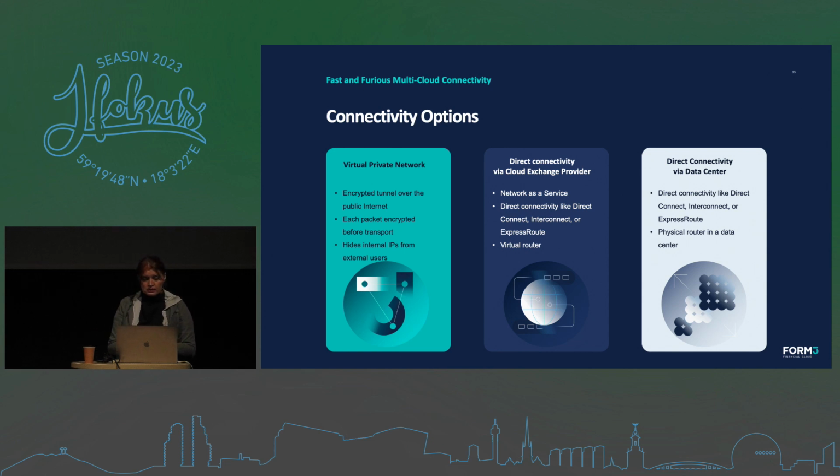Another option we considered was direct connectivity via cloud exchange provider. We have a lot of companies working with the network as a service model. You can click out in the UI all those connectivity options, or you can use some tool like Terraform to configure your direct connectivity and details of routing.